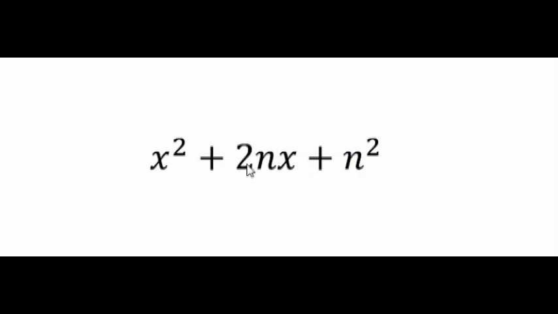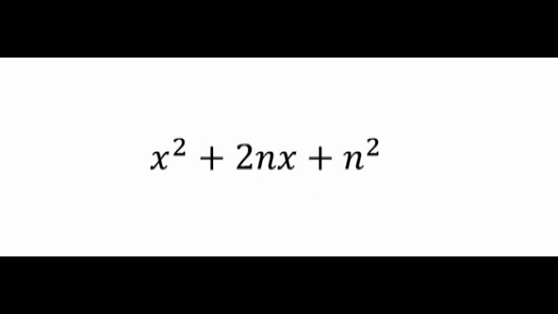And the way we look at this is we say take half of this part right here, take half of this, and then square it. So in this case, half of 2n would simply be n, and then when you have n squared, that's n squared. So in order to get a perfect square, we have to have something in this form.